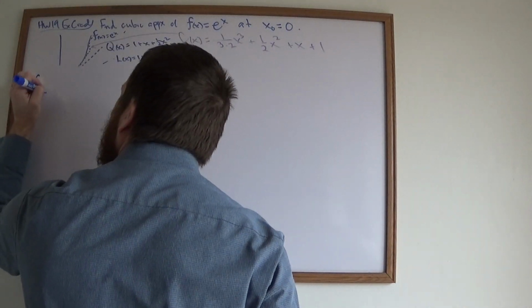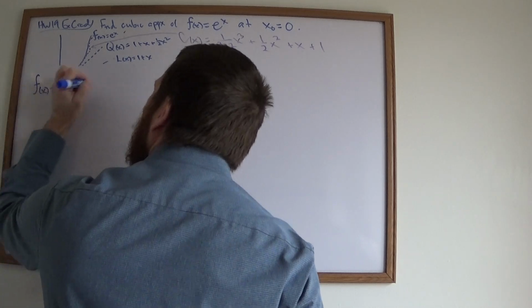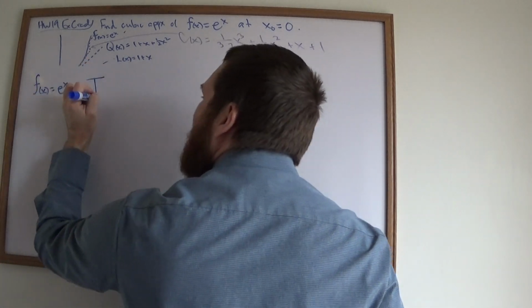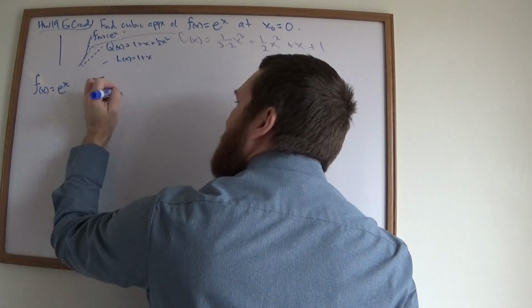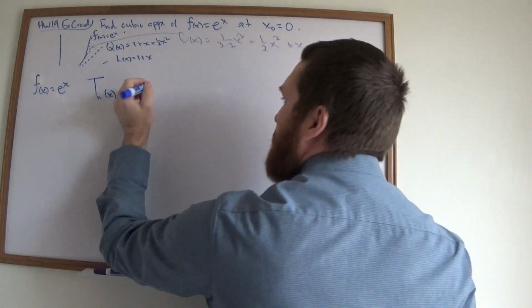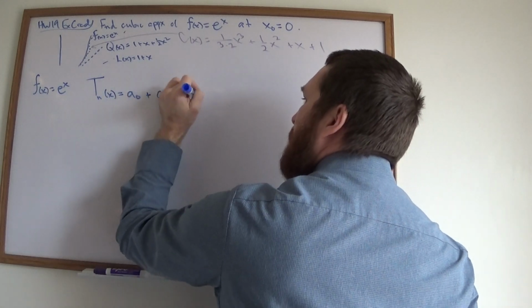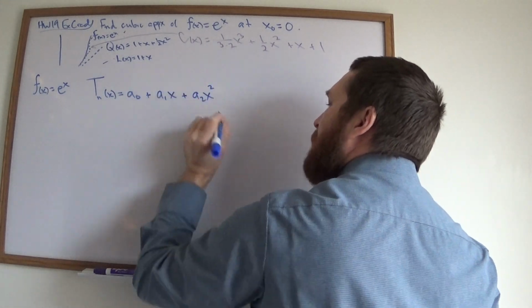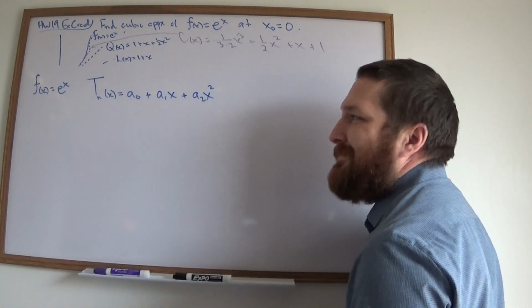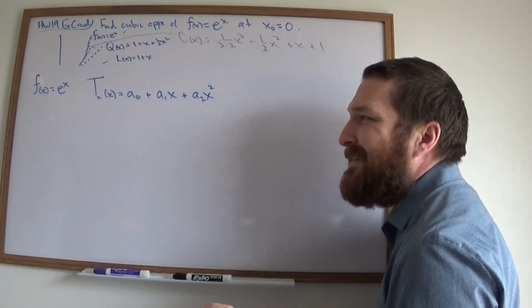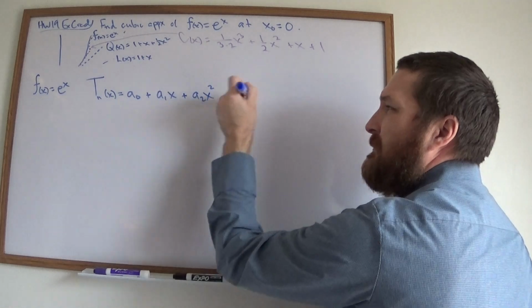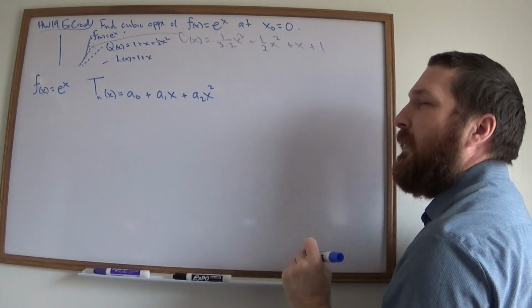So f of x is equal to e to the x, and my Tn of x is A0 x to the 0 plus A1 x to the 1 plus A2 x to the 2. If I wasn't going to do something with this, I'd probably chop it off there, put some dots, and then write my final one.